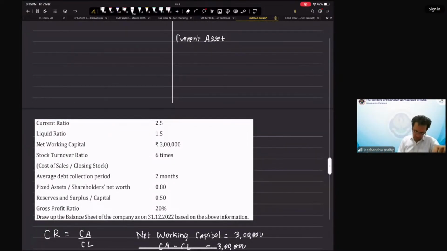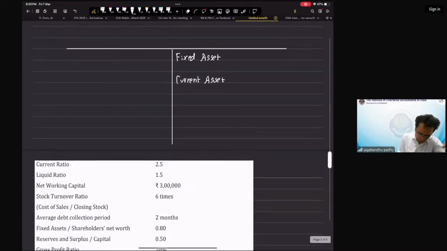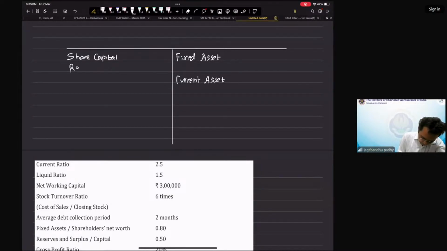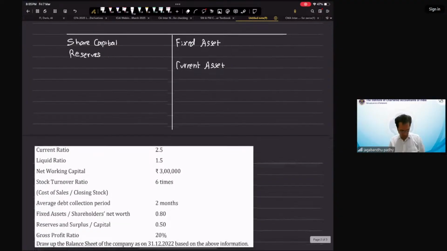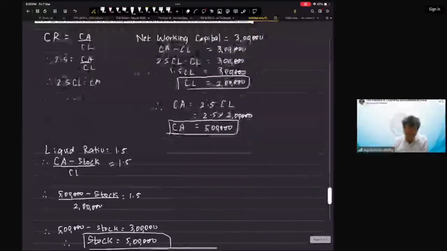On the other side, we have shareholders' net worth and reserves, like share capital and reserves. Do we have any debt over here? No, there doesn't seem to be any debt.